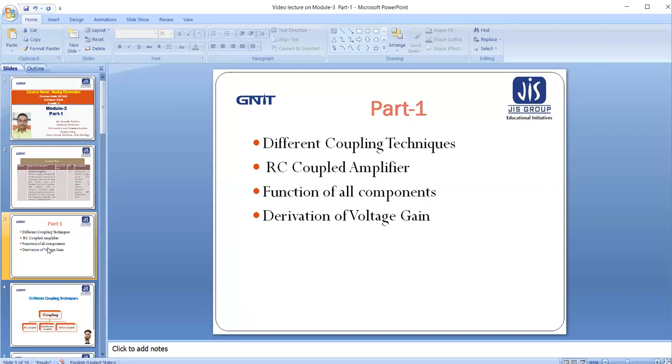Because I think module 3 is quite complicated compared to module 2, and the students need to involve much more time to understand this module 3 effectively.